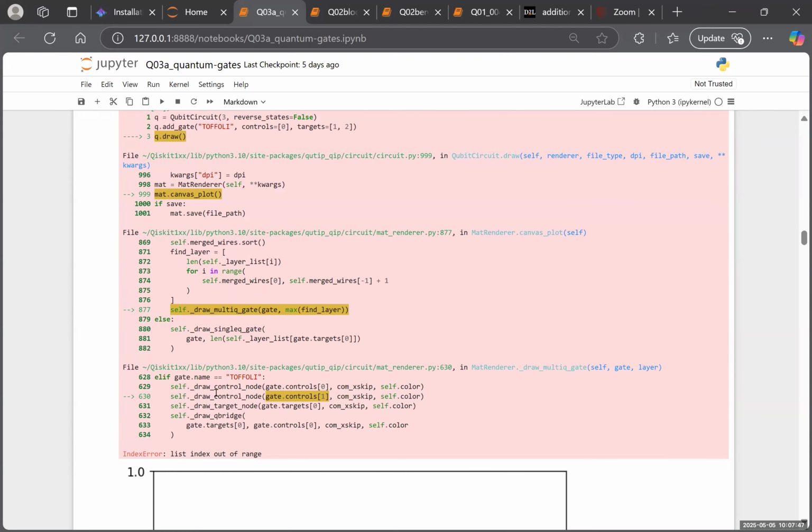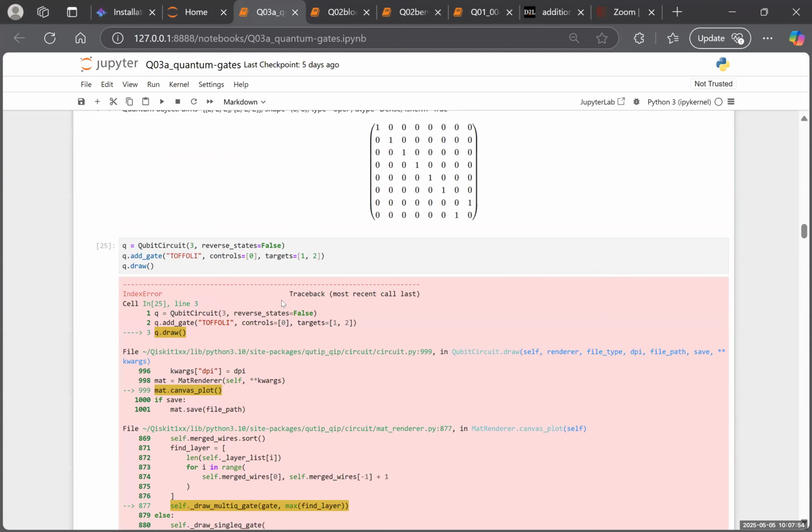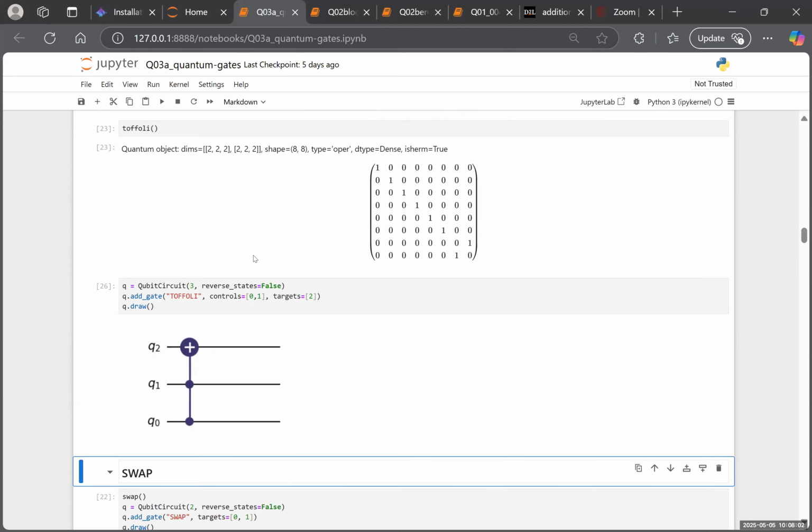Index out of range. Oh, maybe control is this. It's only one target. Control X. Okay, there we go.